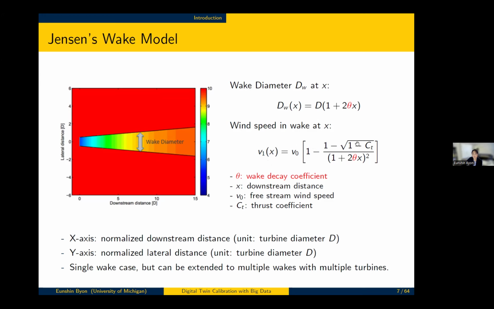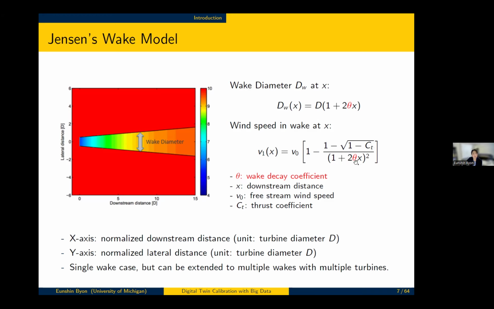It is influenced by factors like the distance, but also this parameter theta, the wake decay coefficient. Depending on theta, the V1 value can vary. There are other parameters like CT, the thrust coefficient. Usually CT is given by the wind turbine manufacturer, so it's known, but theta is unknown.